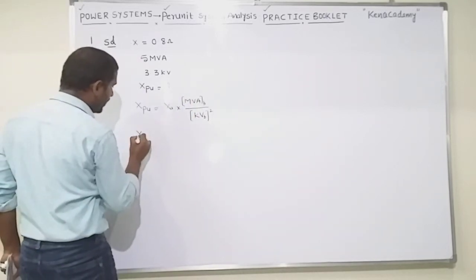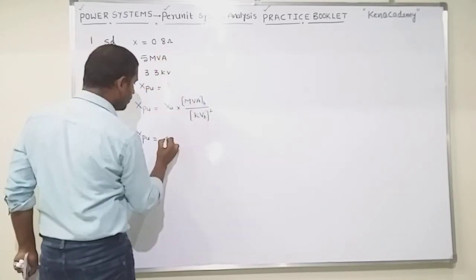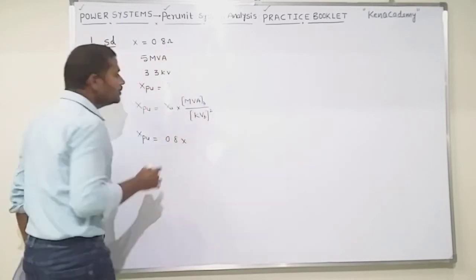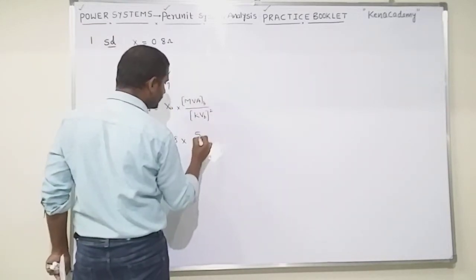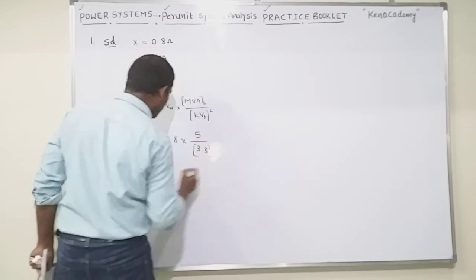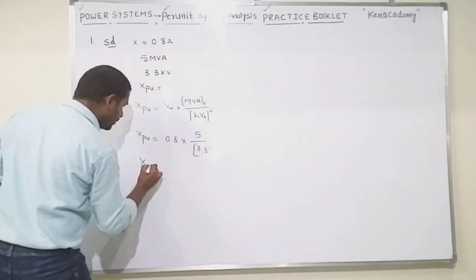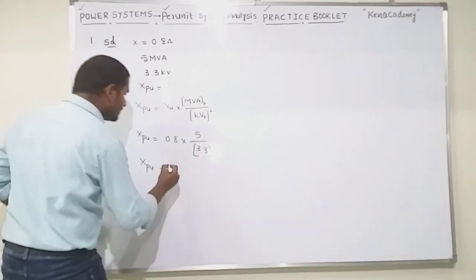Now, what is the per unit reactance? Actual reactance is 0.8 ohms, times the base MVA, 5 MVA, by 3.3 kV whole square. Then you can do this calculation. How much can you get? You can get 0.36.